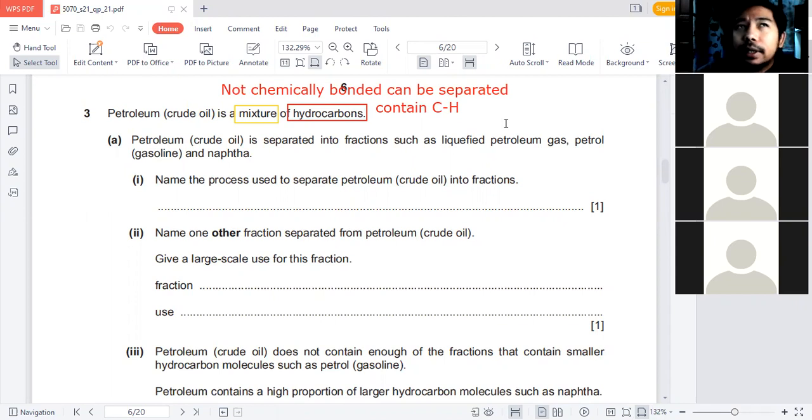Now if you want to separate liquids that have different density, then you use a separating funnel. And if you want to separate pigments, or liquids that are colored, then you can use paper chromatography.